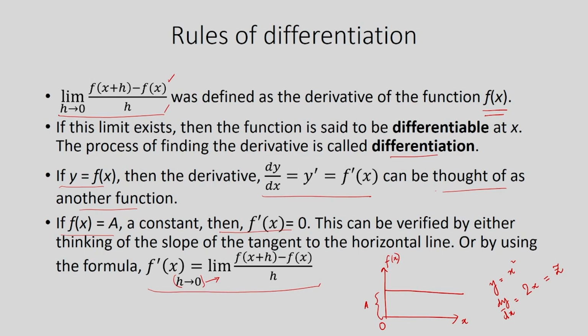Then we know f of x in this case is equal to capital A. So, f of x plus h minus f of x will be equal to A minus A, which is equal to 0. So, the numerator is 0. This is called, if you remember, the Newton ratio. The Newton ratio becomes 0. Therefore, it does not matter what limit I take, f dash of x will be equal to 0.